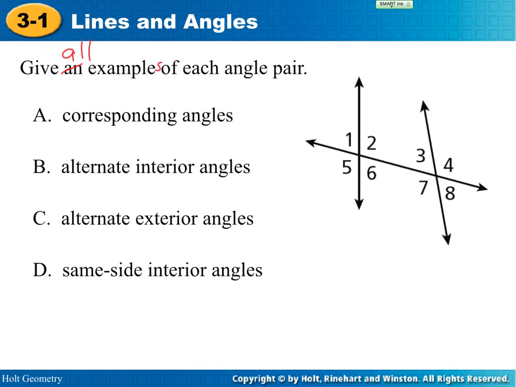Yes, the 4 pairs of corresponding angles, because it limits you to just interior or exterior.